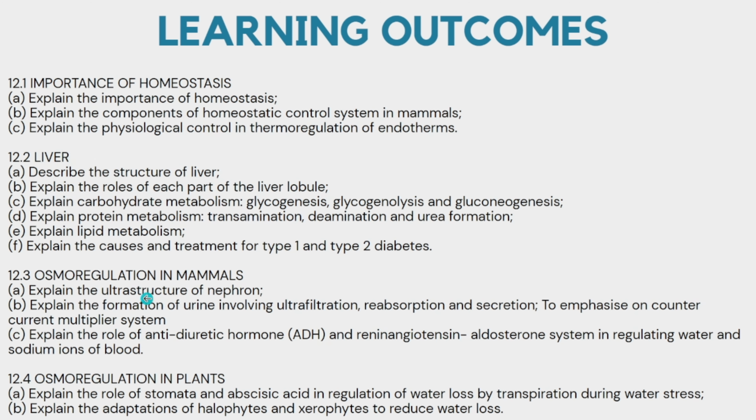The third topic is osmoregulation in mammals, which means in humans. You already learned this in SPM basically, including kidney structure, nephron, and urine formation as well. And the last topic is osmoregulation in plants. These are the 4 major topics that you will learn in this chapter.